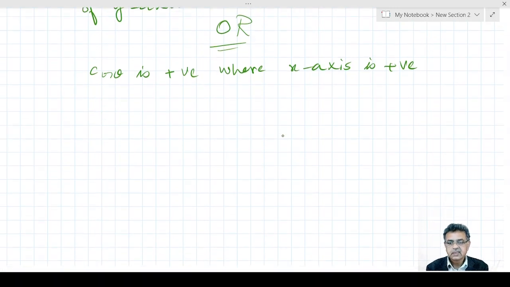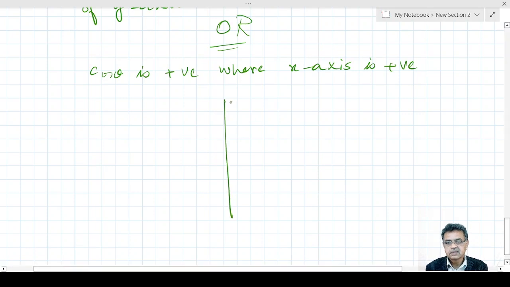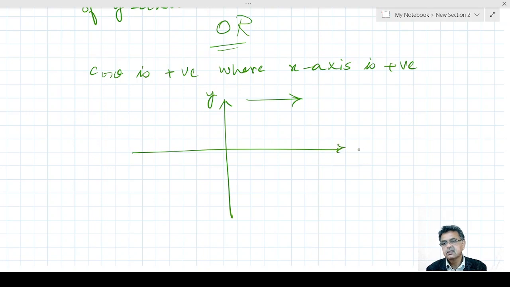As you can see, if this is the y-axis, then this is the right hand side of the y-axis. So if I draw the x-axis, you can see that x is positive on the right hand side of the y-axis.